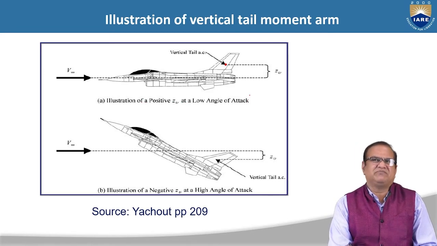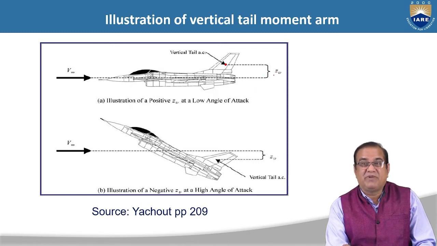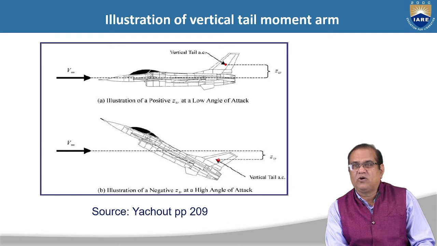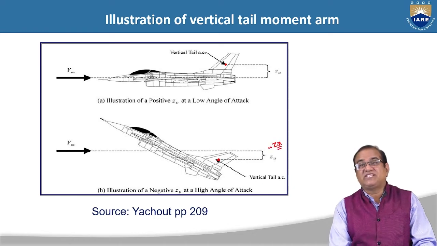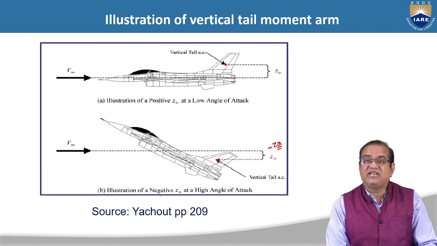If it is flying at some 8-9 degree angle of attack, it is positive. But when the aircraft angle of attack is changed, the position of the AC is below this, so this is negative. This is the illustration of a negative Z V at a high angle of attack.